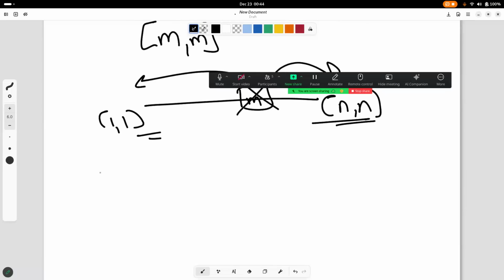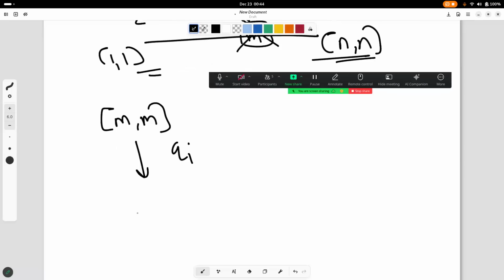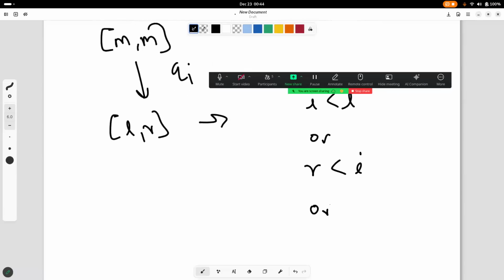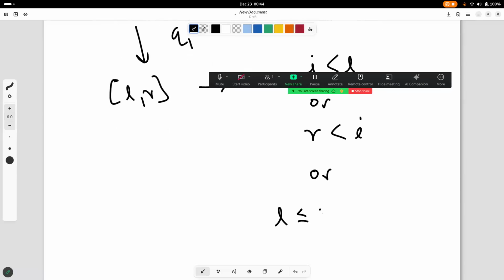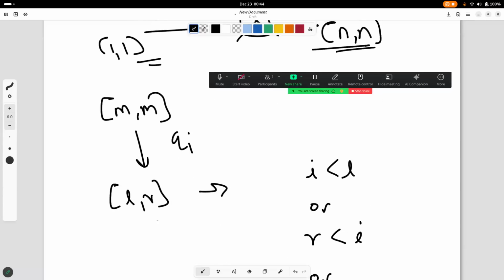And basically, to solve this overall problem, you start with this range M to M, go over all the queries, iterate all the ranges that you have, and see if this I is less than L, or this I is greater than R, or if this I lies between L and R. And based on what we have discussed, you can expand this range.